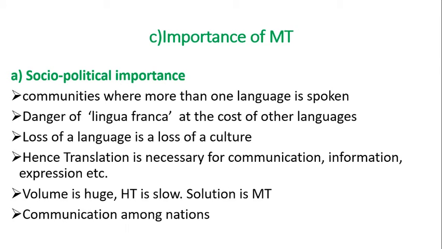The solution, and the importance of this, is machine translation. So translation is necessary for communication, information, and expression in such societies. The volume of translation work is huge, and human translation is naturally very slow. So the solution is machine translation.